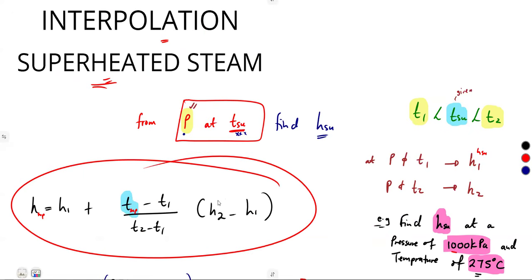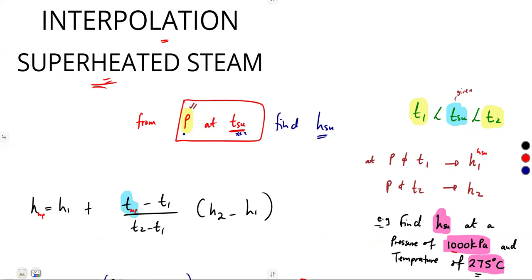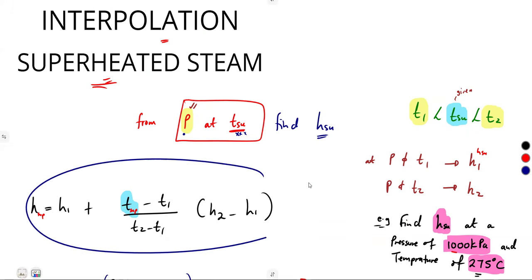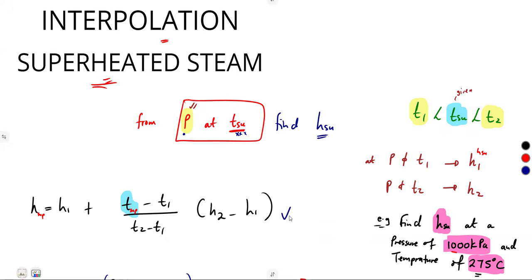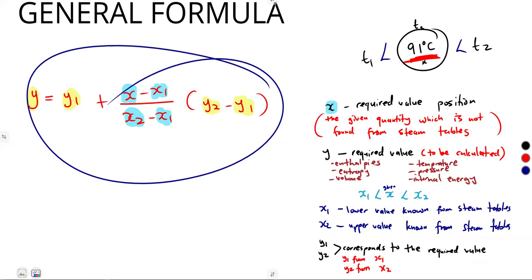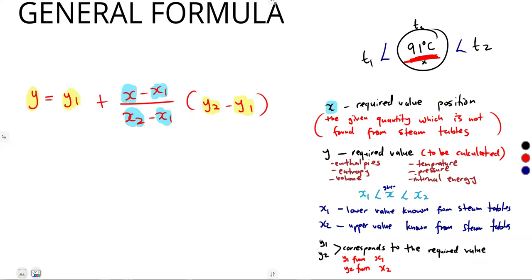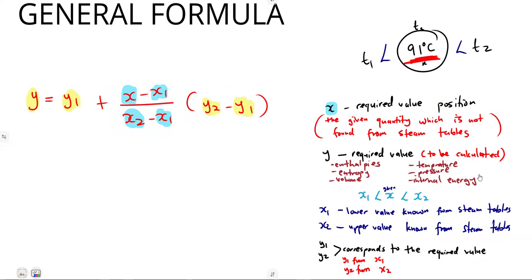I was only writing specifically for the enthalpies and temperature, but if you use the same concept, you see that is where this formula of our linear interpolation was taken from. So this is it, guys, our general formula. Let us try to apply it as much as we can. Where we do not understand, let us communicate so that we can work on that part in a separate class. But for now, that is it till we meet again.